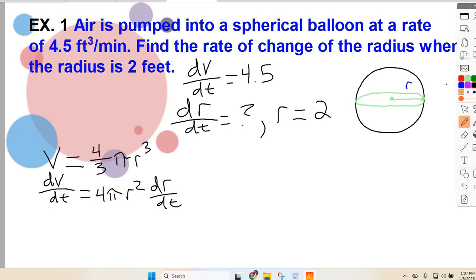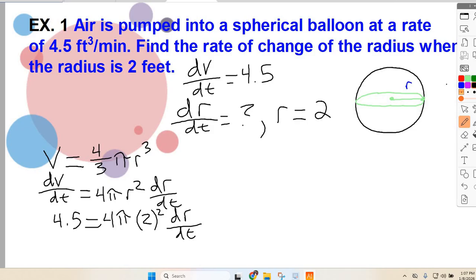So then, yes, I'm going to plug in 4.5 for my dV dt. I have that my radius is 2. Now, for this one, notice that I could not just straight plug all of that into my calculator as it stands. That would not be a valid final answer.